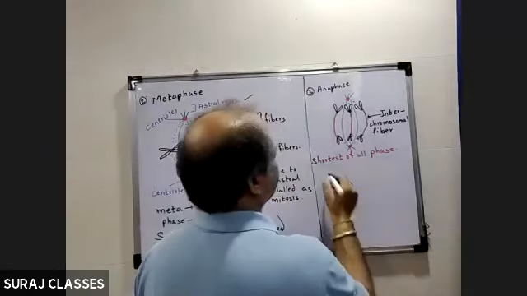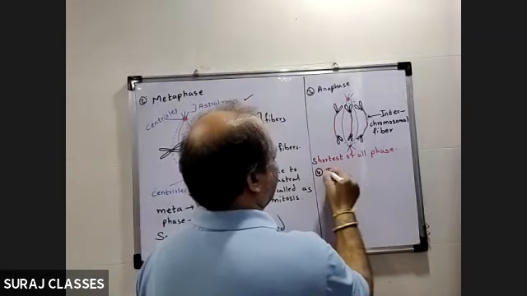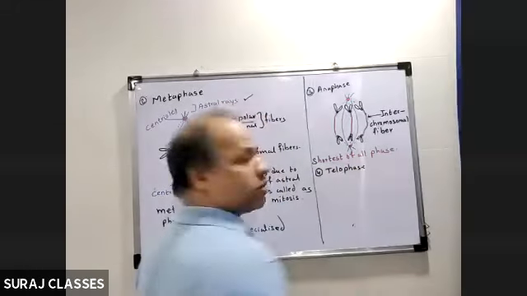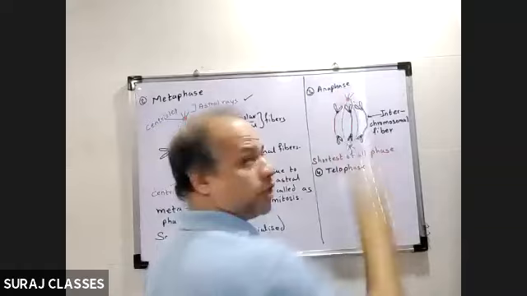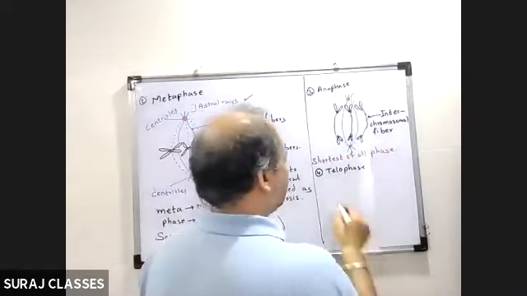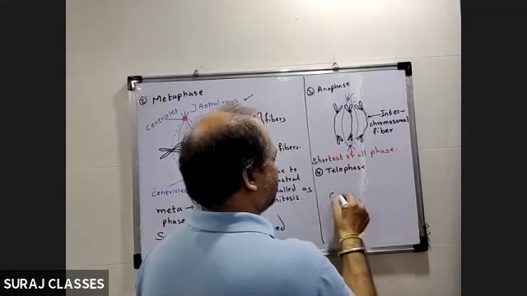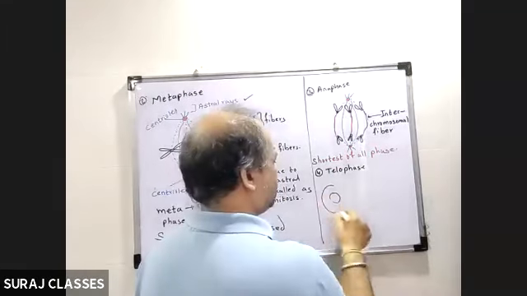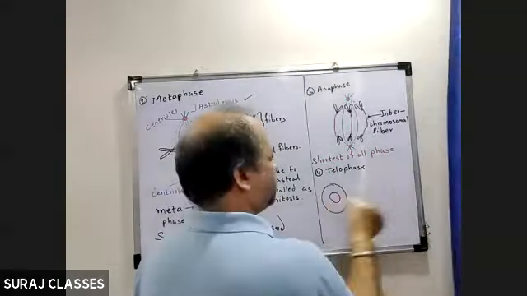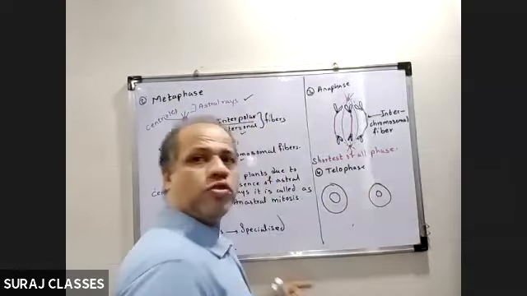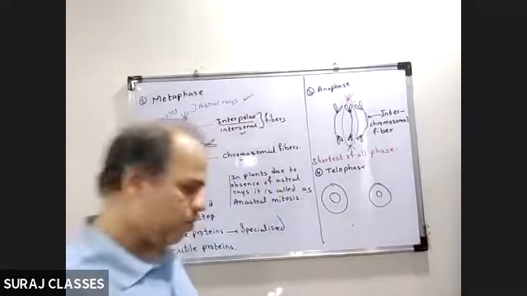Telophase. What happens in the telophase? The chromosomes which were moving towards the centriole reach the centriole. The nucleolus is formed. The nuclear membrane is formed. The two nuclei are formed.